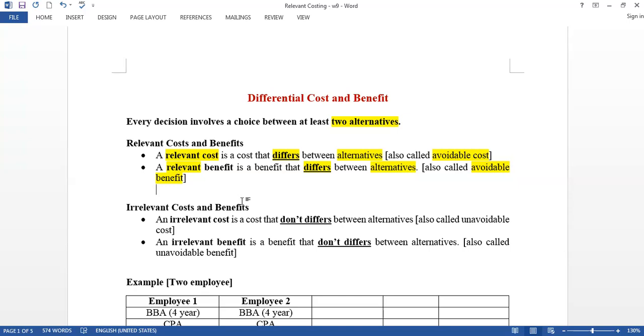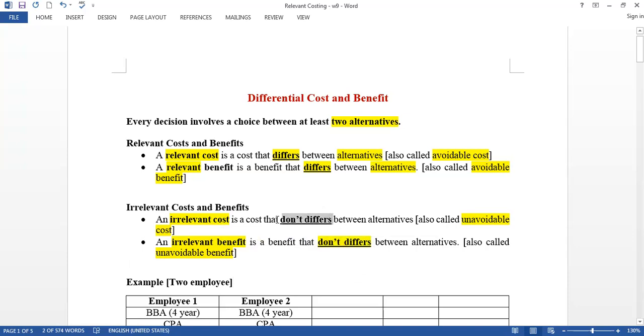But if it is irrelevant or unavoidable, together, if it is irrelevant cost and irrelevant benefit, or unavoidable cost and unavoidable benefit, if this is the case, it means that there is no difference between these two alternatives.